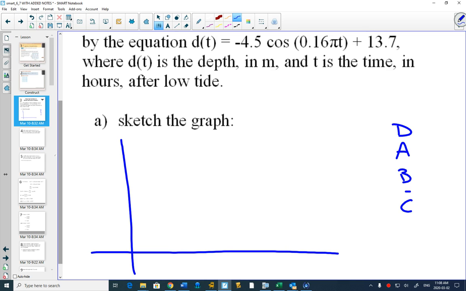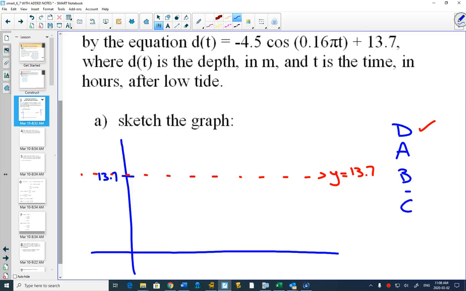And so I need more stuff above. My center line's at 13.7. I'm just going to pick a random place for that 13.7 and draw my sinusoidal axis. But as soon as I pick that random place, I now have a scale set on my y-axis. 13.7 is that distance. So my D value is done. Then my amplitude is 4.5.